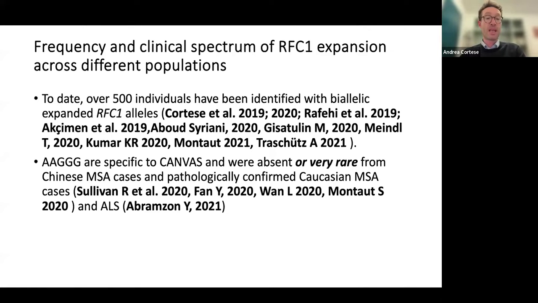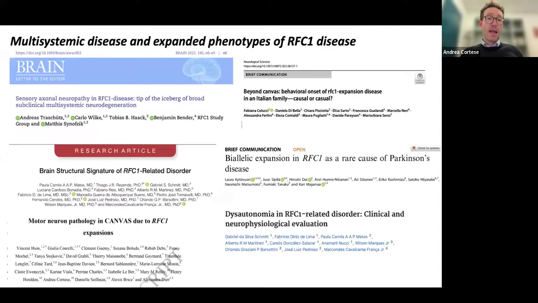One possible misdiagnosis is MSA, multiple system atrophy. Multiple system atrophy is very cerebellar. It progresses much faster, and there's usually no sensory neuropathy. Some people have probably found a coincidental presence of RFC1 expansion in MSA.